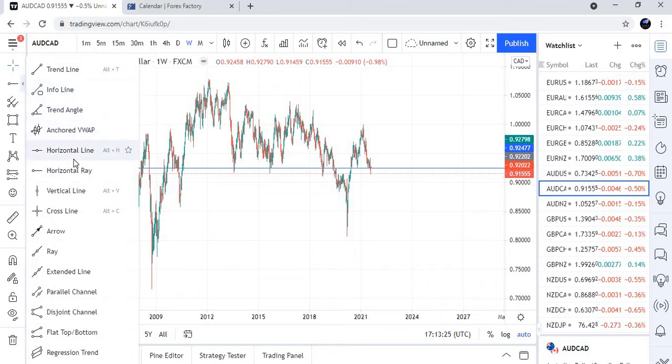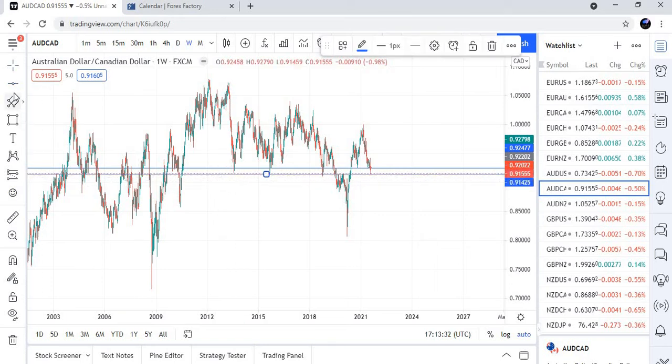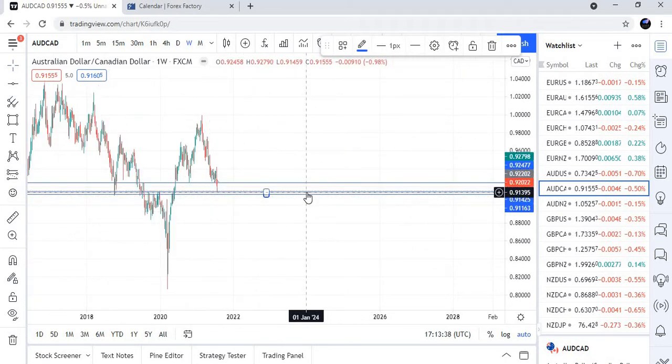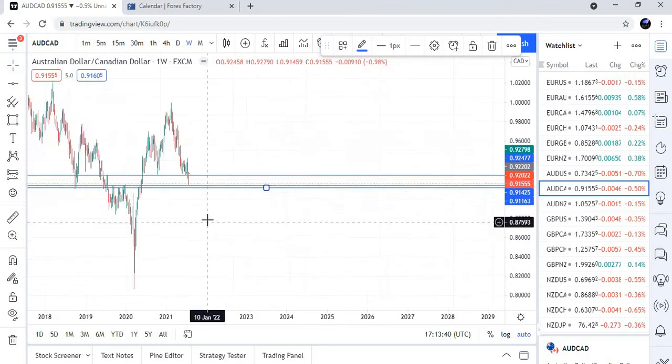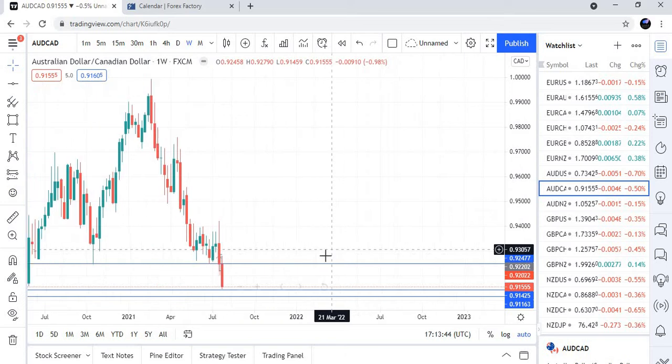So what we're going to do is set a support level here and set another support level here. So just in case it breaks this first one, we're going to try trading on the second one. So we're just going to be watching how this performs.